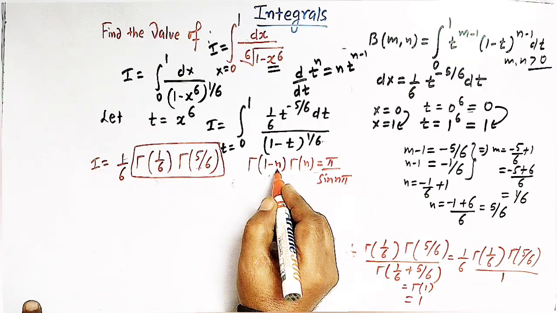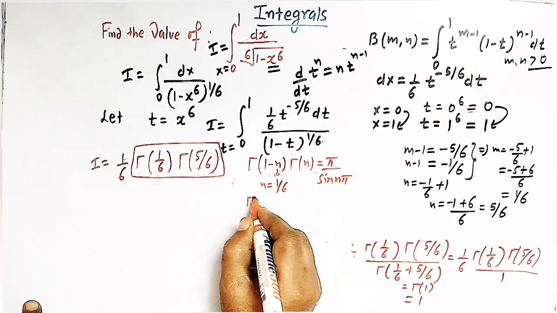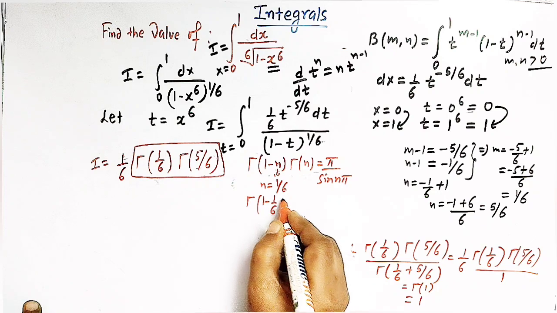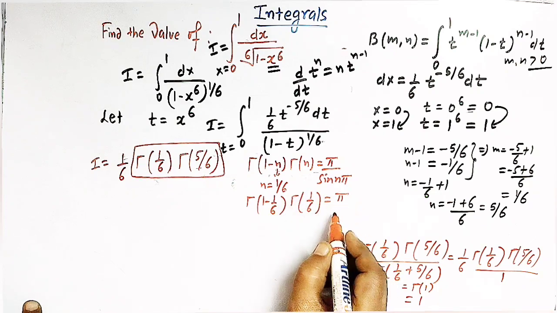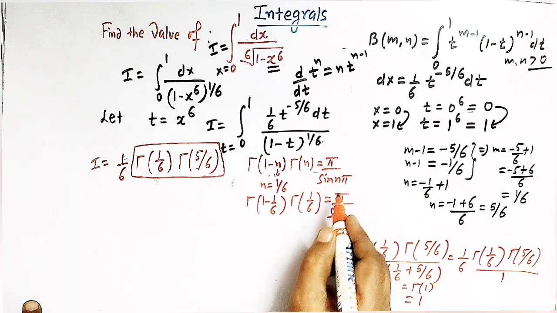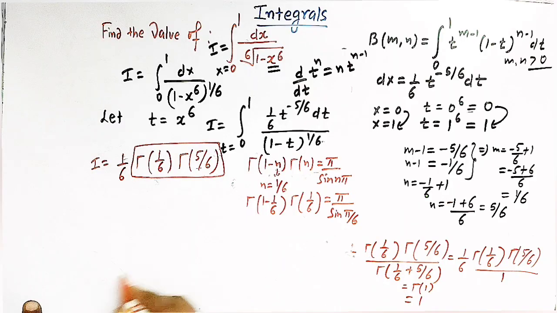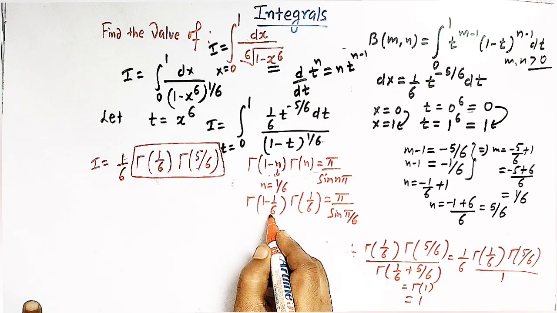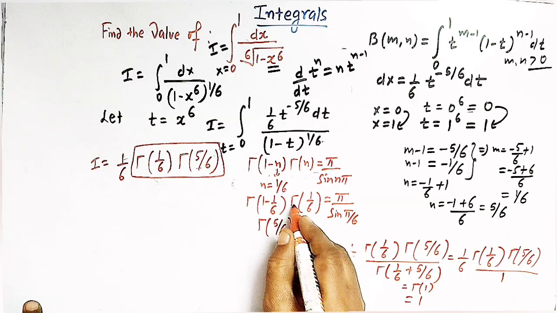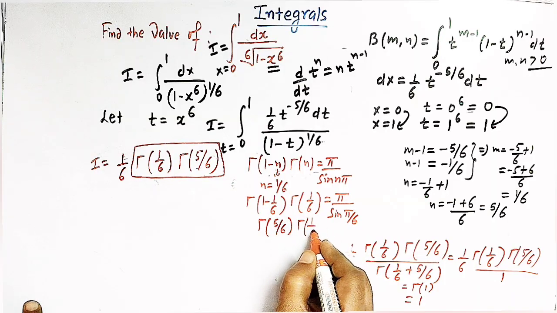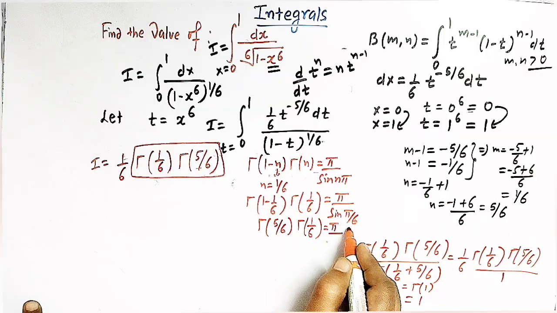So if we take this n as 1 over 6, then we have gamma 1 minus 1 over 6, gamma 1 over 6, and here we have pi divided by sine n pi. So n is 1 over 6, so we have pi over 6. So now this is 1 minus 1 over 6, so this is gamma 5 over 6, and here we have gamma 1 over 6, and this is pi divided by sine pi by 6.